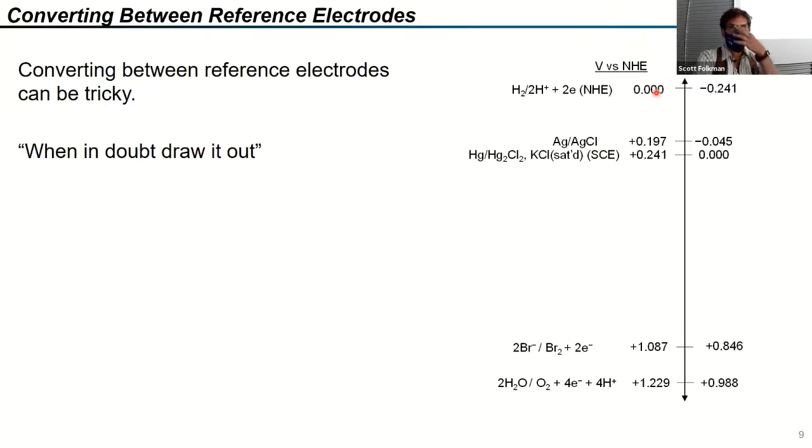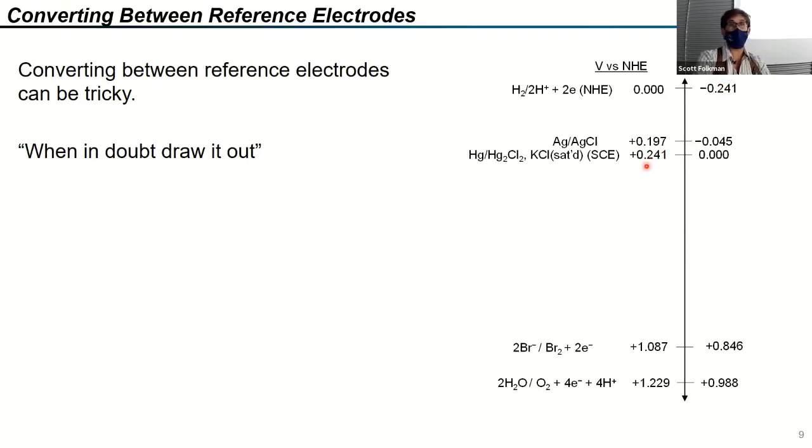And we have here that at 0 volts versus NHE, the SCE potential, that's saturated calomel electrode, occurs at minus 0.241. Conversely, in NHE, at plus 0.241, we have the 0 volts versus SCE. And so there's always a difference of 0.241 volts between these two.